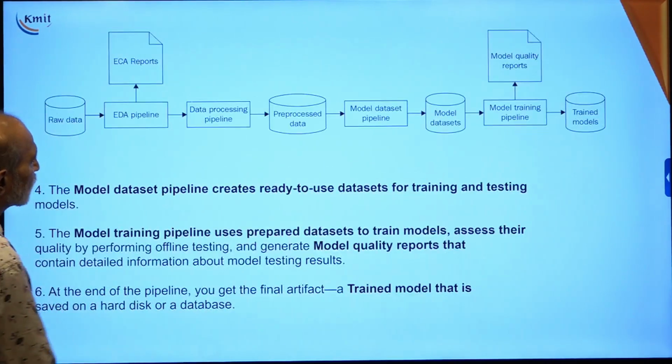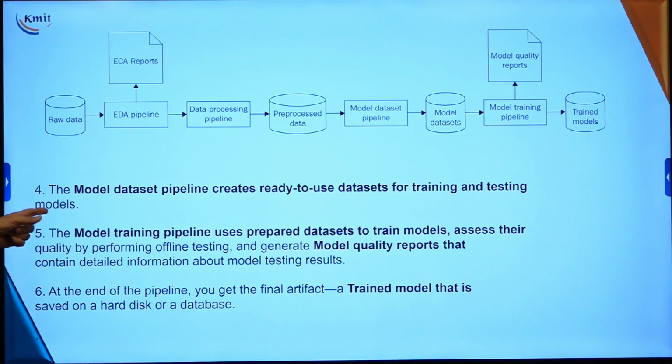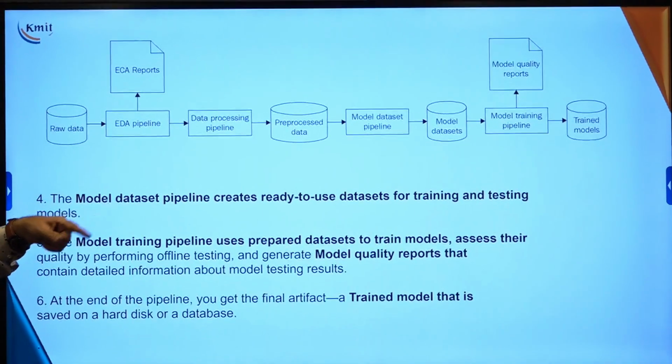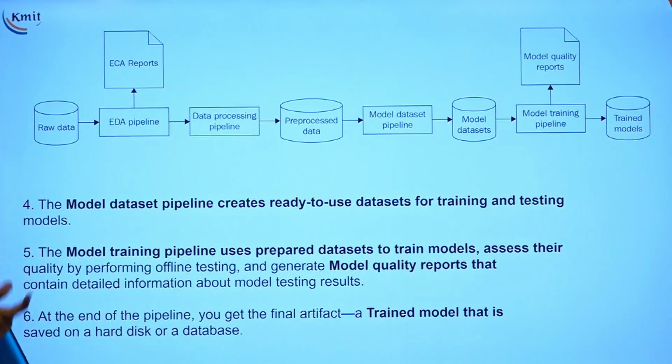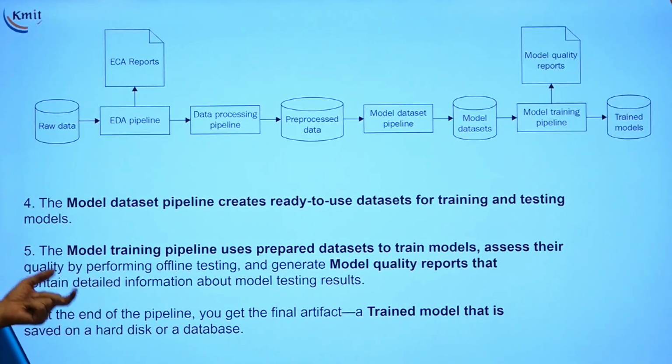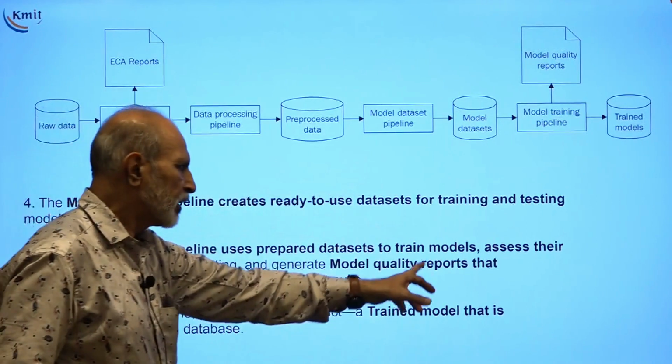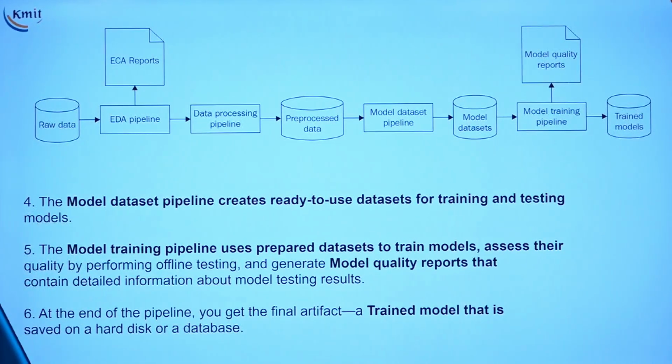The model dataset pipeline creates a ready-to-use dataset for training and testing the model, and the model training pipeline uses the prepared dataset to train the model and assess its quality by performing offline testing and generating a model quality report that contains detailed information about the model testing result. So with this pipeline, it becomes very easy.